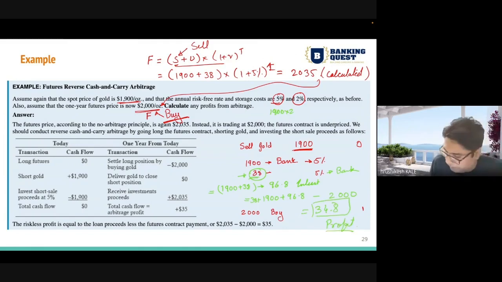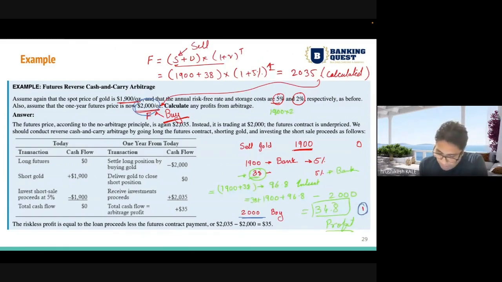You want me to repeat it? Look very closely at what we did. Because the future price is less, we buy the future after 1 year.